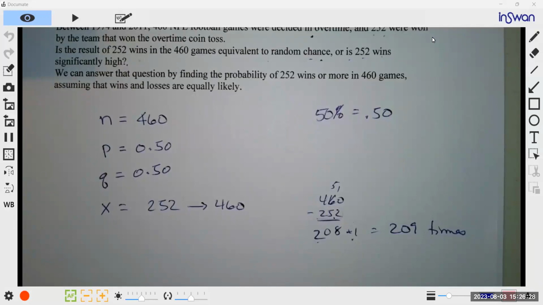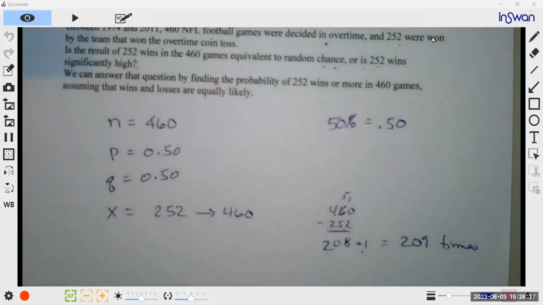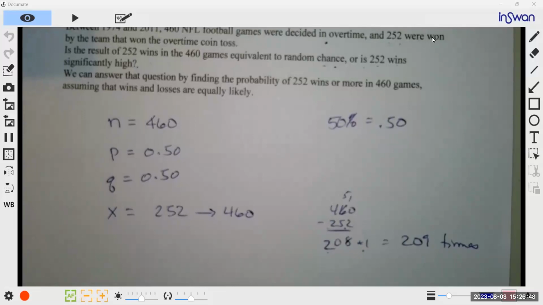We can't use a table for that because it's just too many times to look through it. So for this, we'd have to use either a spreadsheet and calculate this using a computer. And this is what the outcomes would look like.